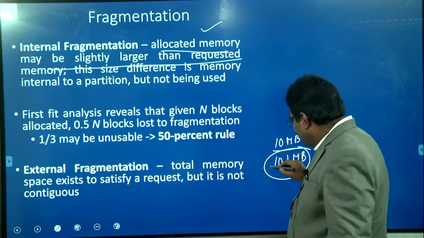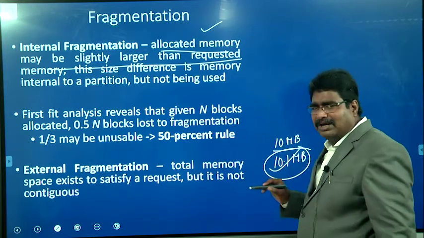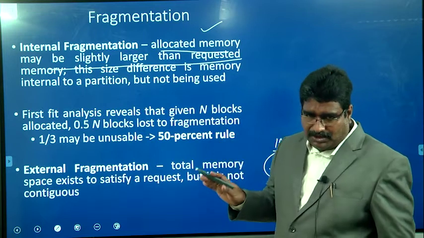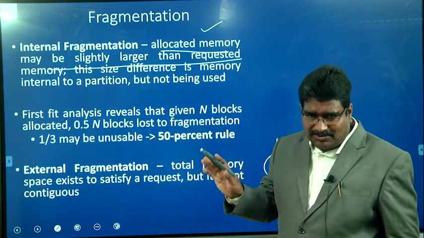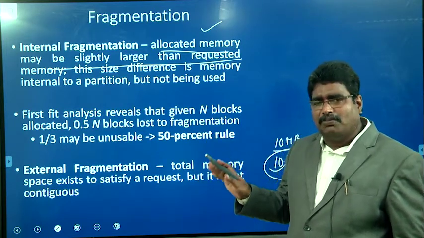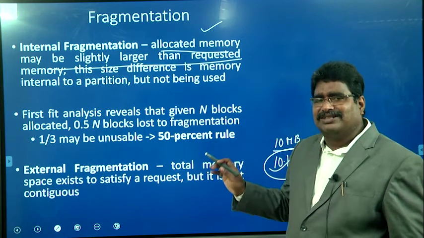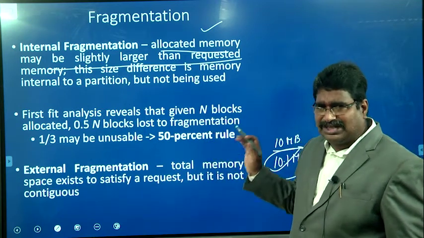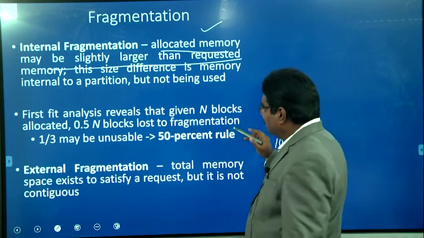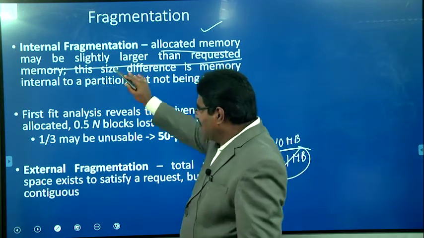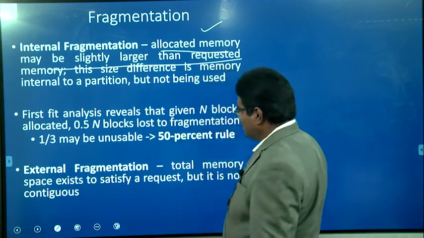For example, the operating system allocated 10.1 MB to the particular process, but the process requires only 10 MB. Whatever the 0.1 MB is allocated, it is not utilized by the process. That is called internal fragmentation. Allocated memory may be slightly larger than the requested memory.